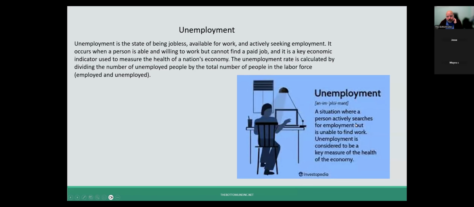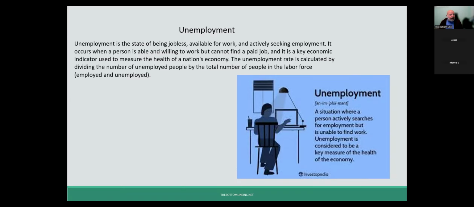And to collect unemployment, you have to be actively searching for employment, and you're unable to find it. We have a lot of numbers that come out if you listen to any financial news about what our unemployment rate is. As unemployment rates increase, it means our economy is struggling. When unemployment's low, it means we're doing pretty good in the economy.